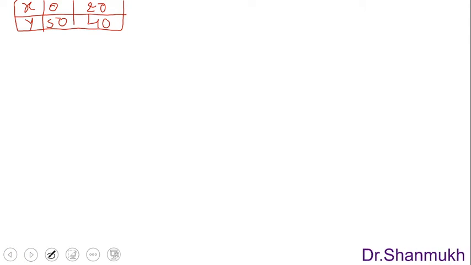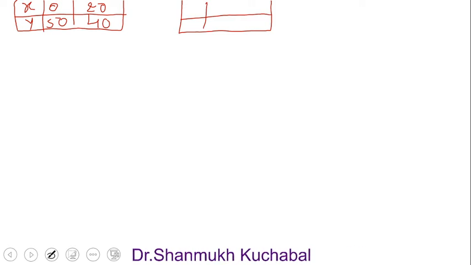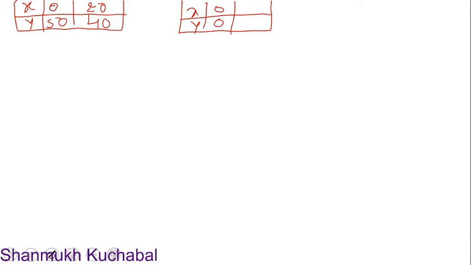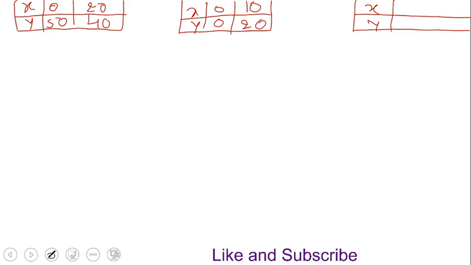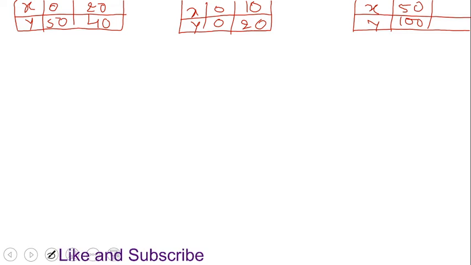The second equation, x, y: 0, 0, next 10, 20. The next one, x equal to 50, y equal to 100, next 60, 80. These are the values we are going to get.